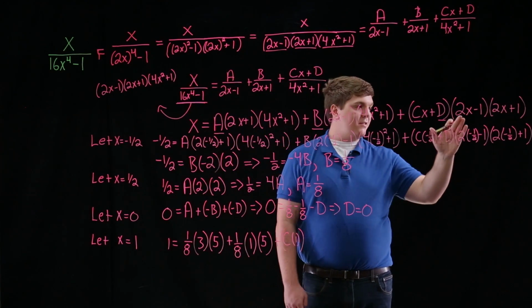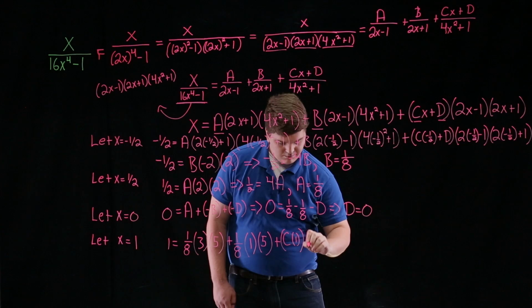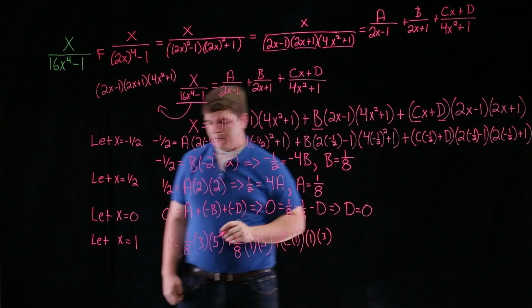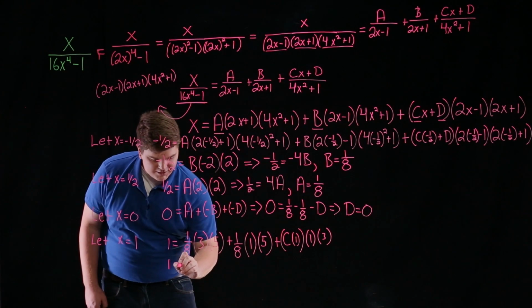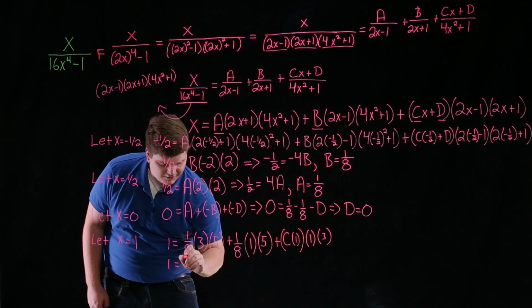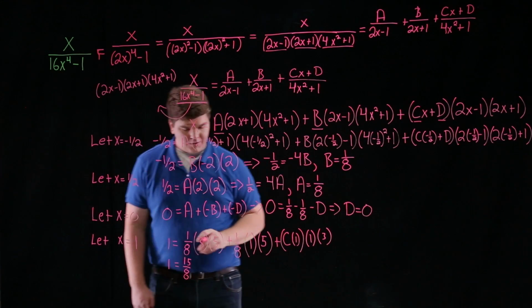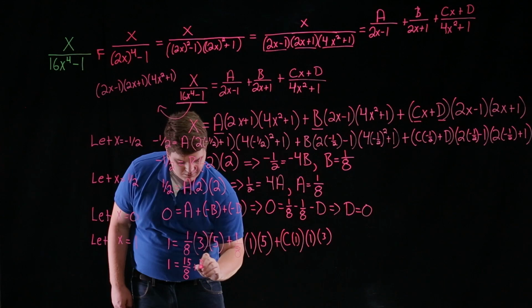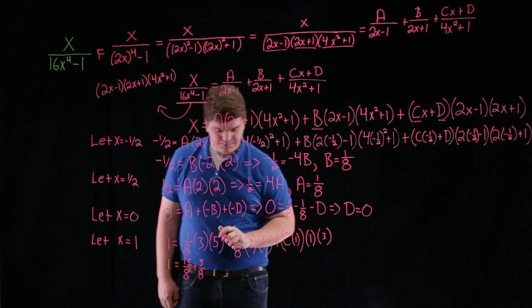And we're multiplying this by 1 and by 3. So what we have here is 1 is equal to 15/8 plus 5/8 plus 3c.